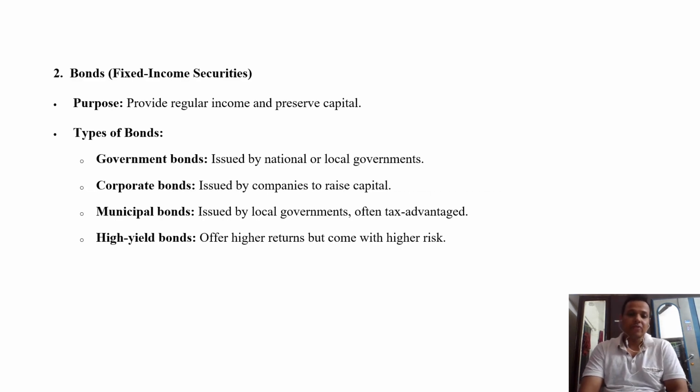Next type of investment is the bond. Bonds can be redeemable or irredeemable. Normally bonds give regular income and preserve capital too. Sometimes there are government bonds issued by national and local governments, and corporate bonds issued by companies to raise capital.